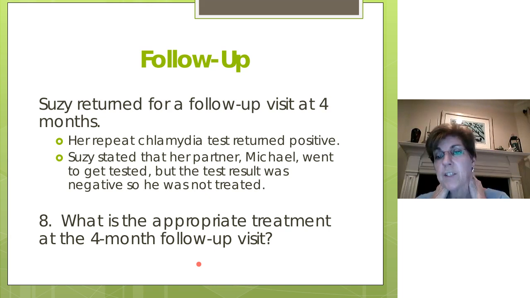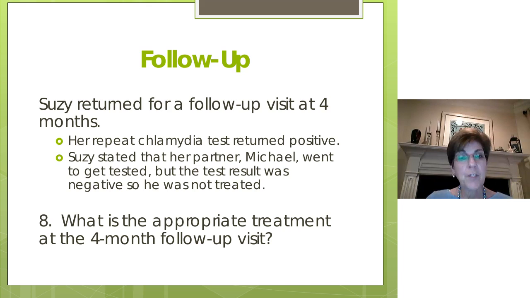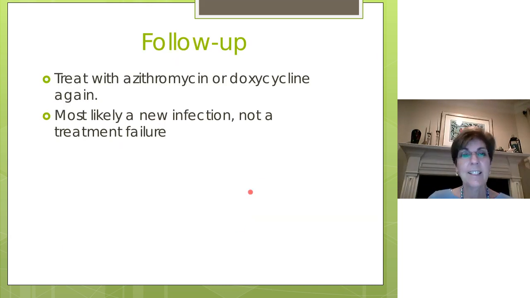So you don't know if they got exposed yesterday and their tests just aren't positive yet, or if they got exposed 2 months ago. So if they're having symptoms of cervicitis, dyspareunia, red cervix and purulent discharge, I treat them for everything. I treat them for gonorrhea, chlamydia, and trichomonas. So we do that a lot.